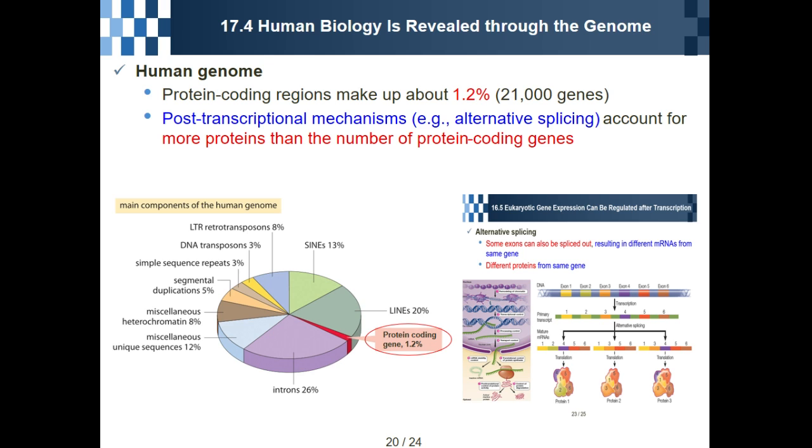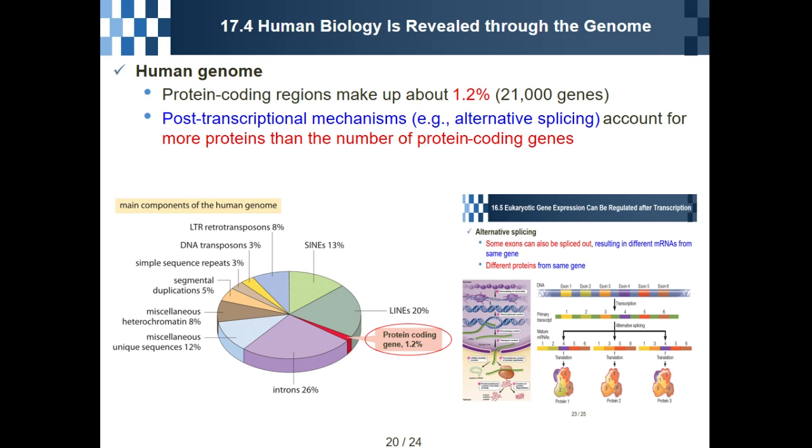And also, we only have 21,000 genes, but we have lots of proteins because of post-transcriptional mechanisms, for example, alternative splicing, which we previously learned in chapter 16.